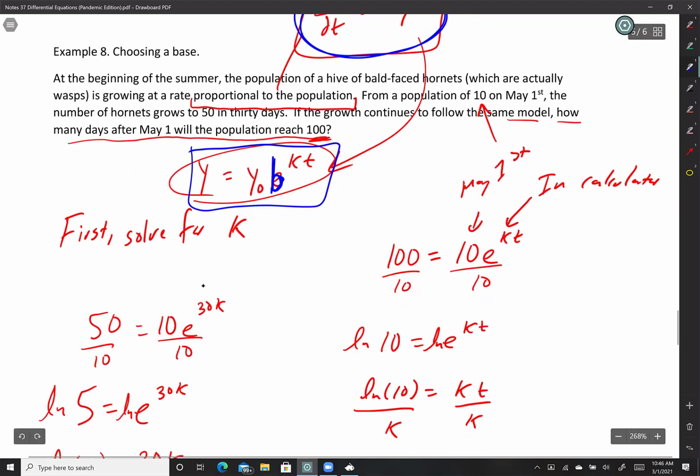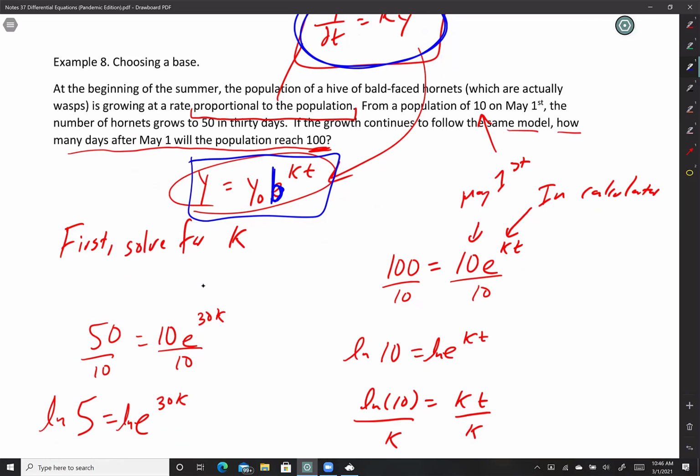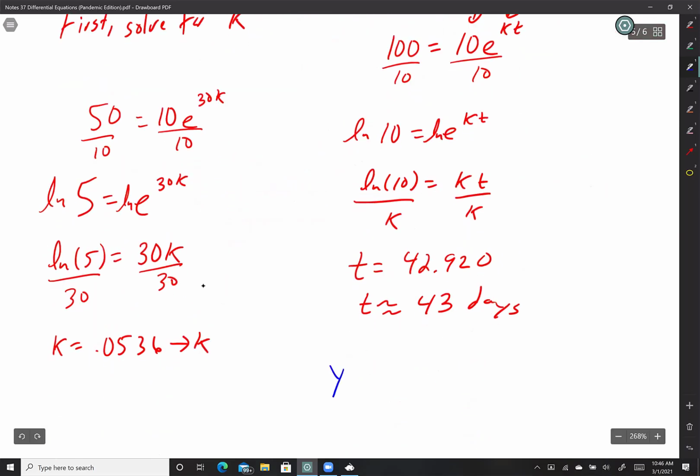So let's see if we can just choose it by reading it. From a population of 10 on May 1st, the number of hornets grows to 50. 10 times what is 50? 5. So I'm going to make up an equation, and I'm going to say this is 10 times 5. And now I need to make it an exponential.